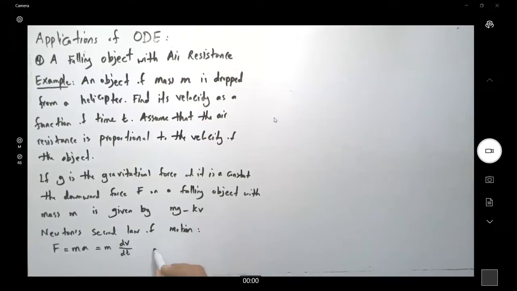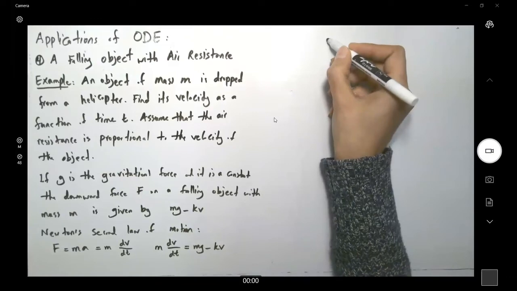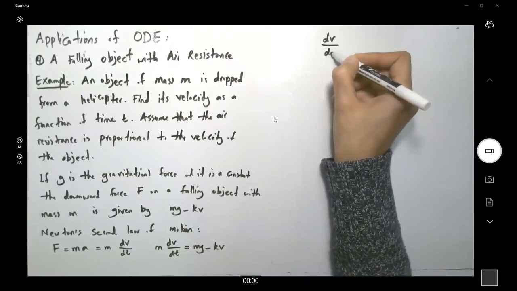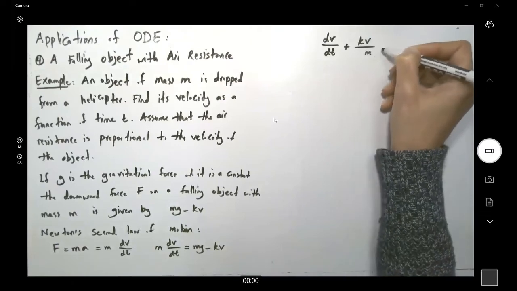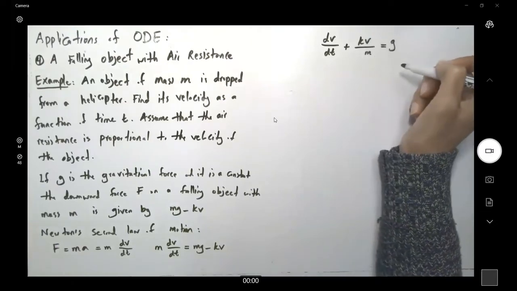Very well, m dv/dt is equal to mg minus kv. As you can see, we can write a differential equation using the relation that we have. The differential equation is written as dv/dt plus kv divided by m equals g.